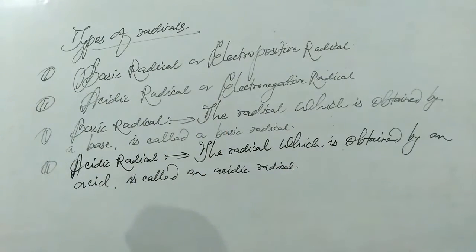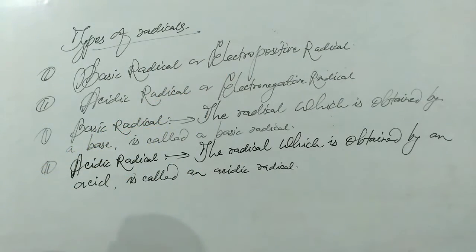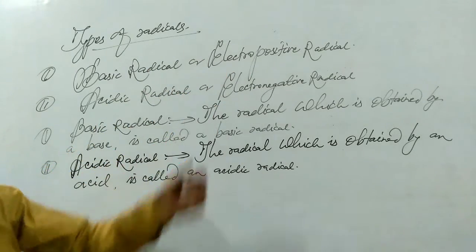These are the definitions of acidic radical and basic radical. We have two types of radical: basic radical or electropositive radical, and acidic radical or electronegative radical.